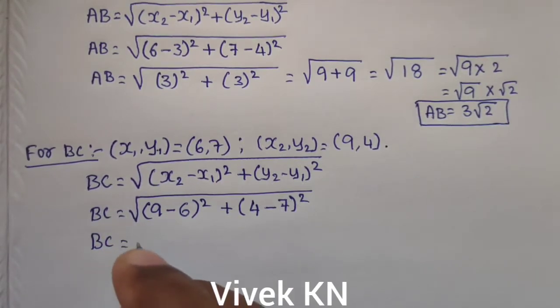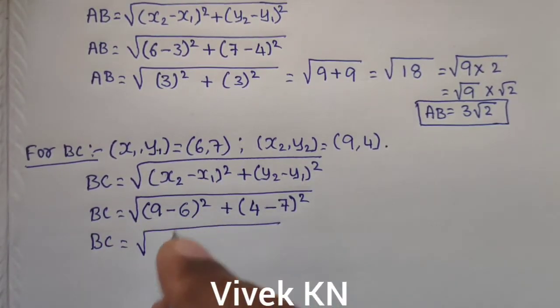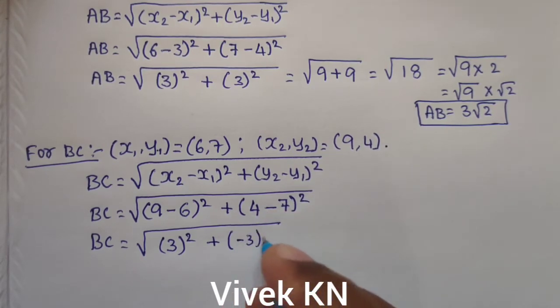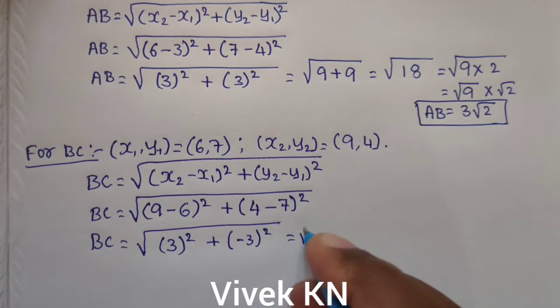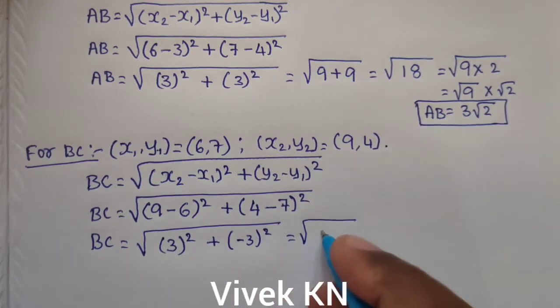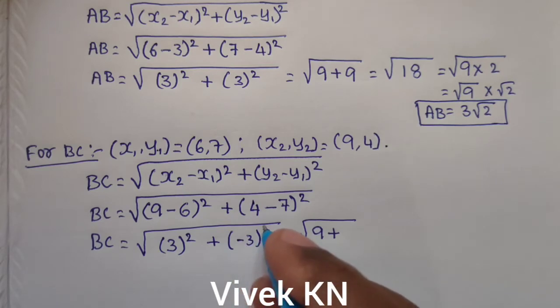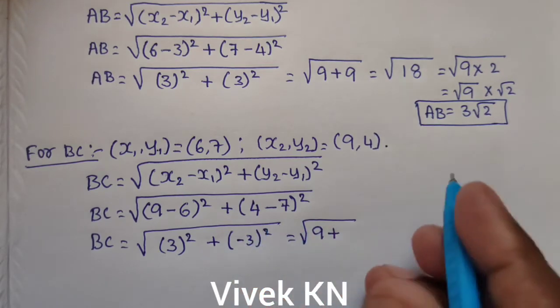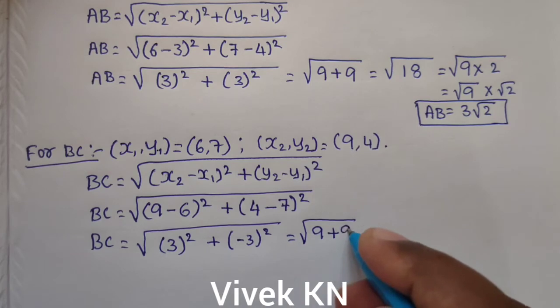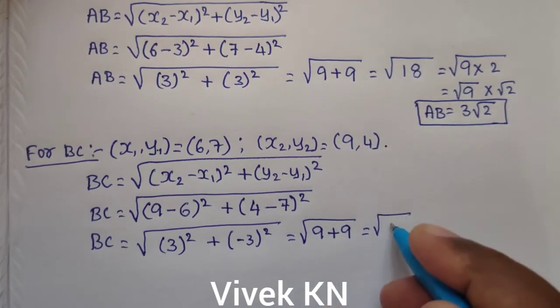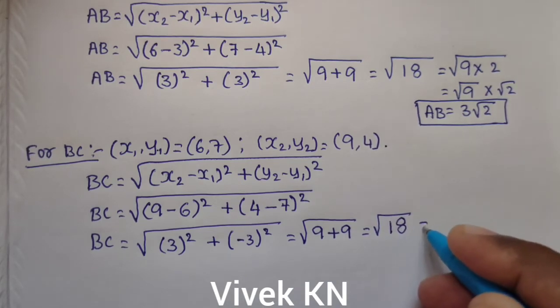BC is equal to under root of 9 minus 6 is 3 whole square plus 4 minus 7 is minus 3 whole square, which is equal to the value of 3 square is 9 plus the value of minus 3 whole square is minus 3 into minus 3 is plus 9, that is 9. Adding 9 and 9 we get 18 as the answer.